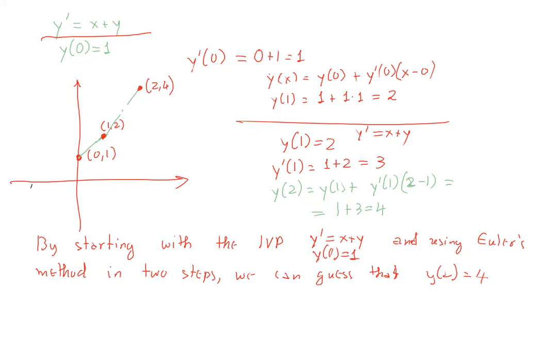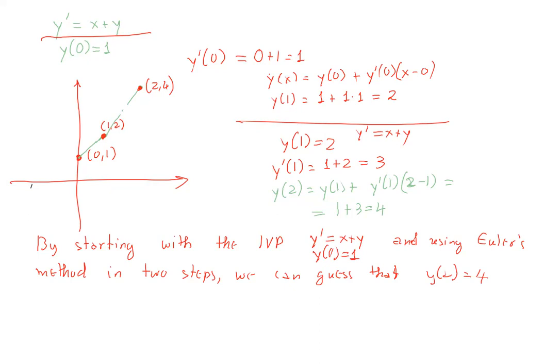Can anybody tell me, if our goal was to guess what the value is at 2, for whatever reason we wanted to know the value of the solution at 2, how could I have done what I just did in a much more precise way? Exactly. You would do it in a lot more steps. To give you an idea, you would use 100 steps, not 2 steps.